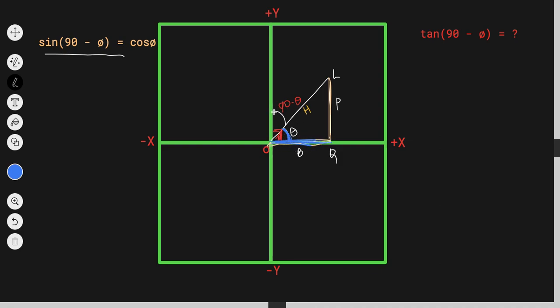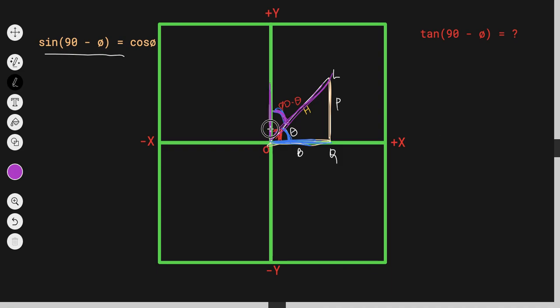Now when we are looking at the upper angle, as in this part, what will be the base for that angle? We know one thing for certain, that the hypotenuse is the same. So for this angle, the base will be the side on which this angle is taking support, which is this side.